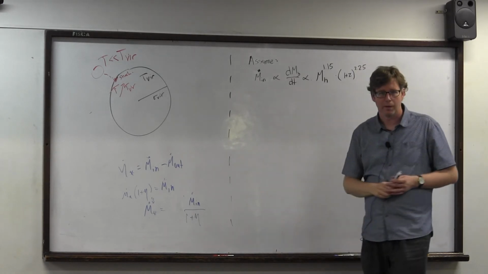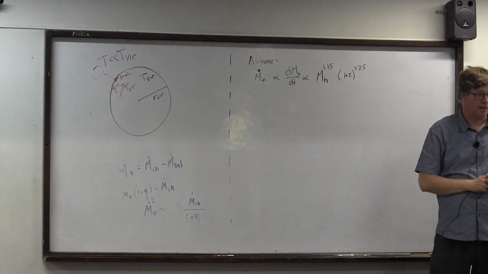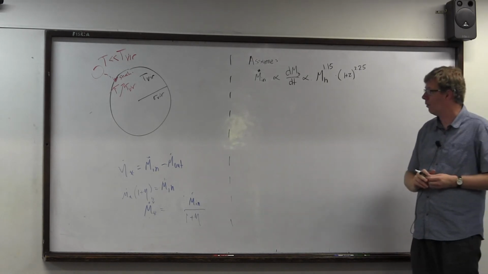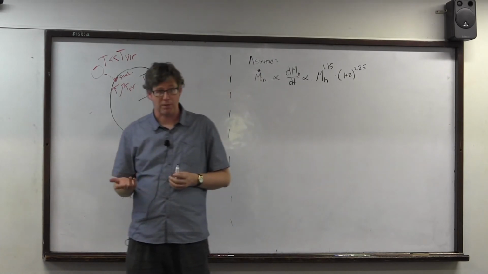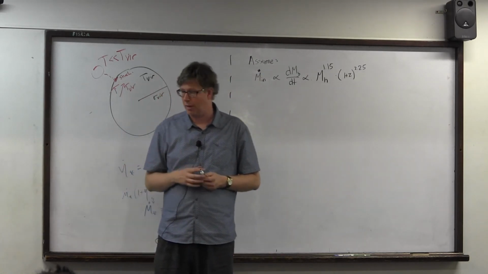Okay? That's what I'm assuming. It's my main assumption. Now, what I really would like to have is stellar mass, because that's what the measurements, that's what the observations are.